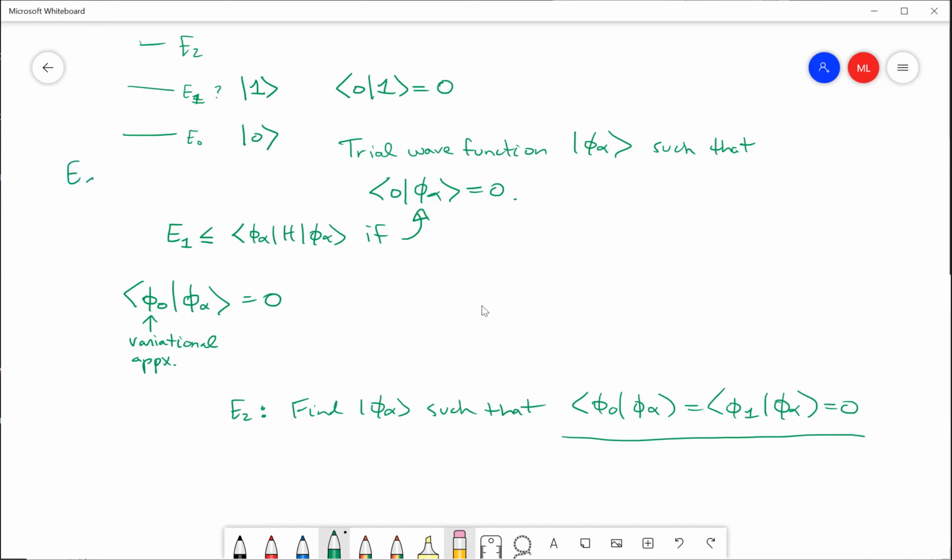So this is for E1. You would just find a trial wave function such that this is true, or this, if you don't know how to do the first thing. And for E2, it's the same thing, except you just have one more constraint that it's also orthogonal to the first excited state.